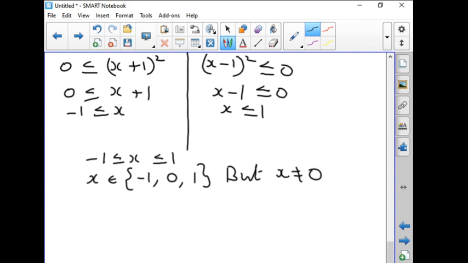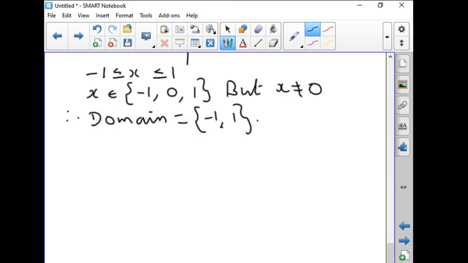Therefore x is not equal to 0. Clear, all of you? So x is not equal to 0, therefore what is the domain? The domain is minus 1 comma 1, excluding 0. All of you can understand, but why is x not equal to 0? Because there is x in the denominator.